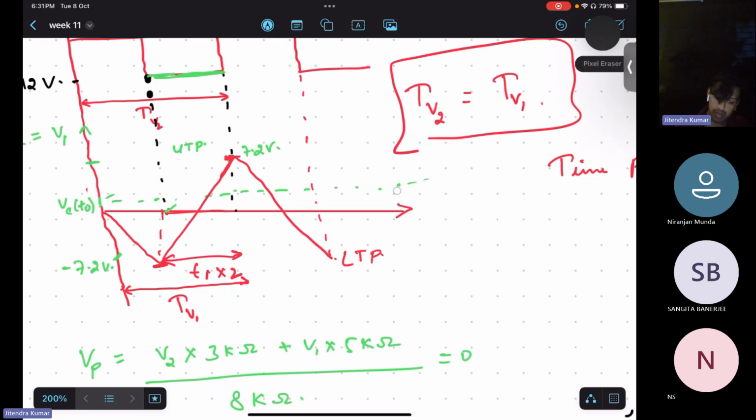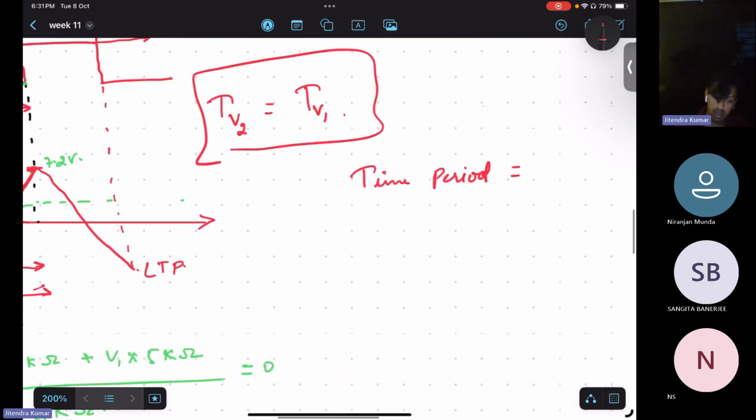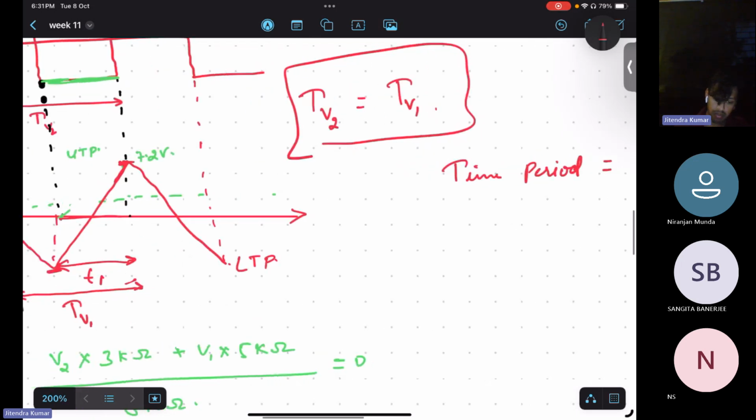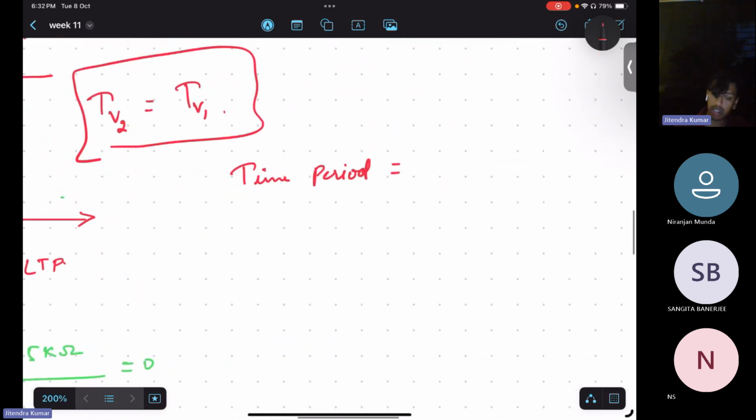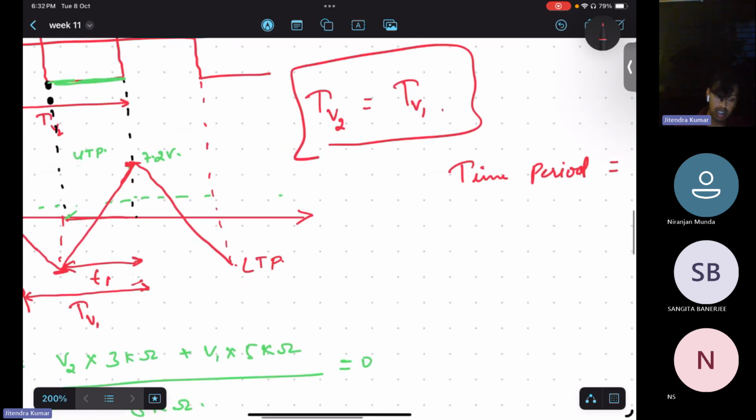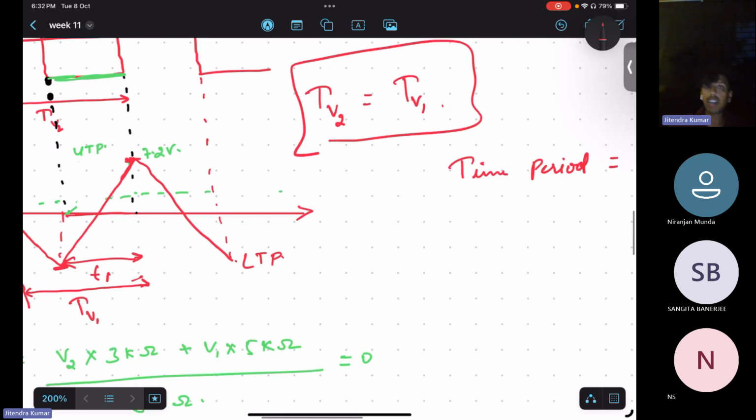Okay. Yes. So this is the slope and this is the T1. Okay, this is the T1 and this is the slope. So we know this slope, right? So 7.2 minus minus 7.2, which I am going to write in terms of UTP minus LTP, divided by the slope of V2, right?